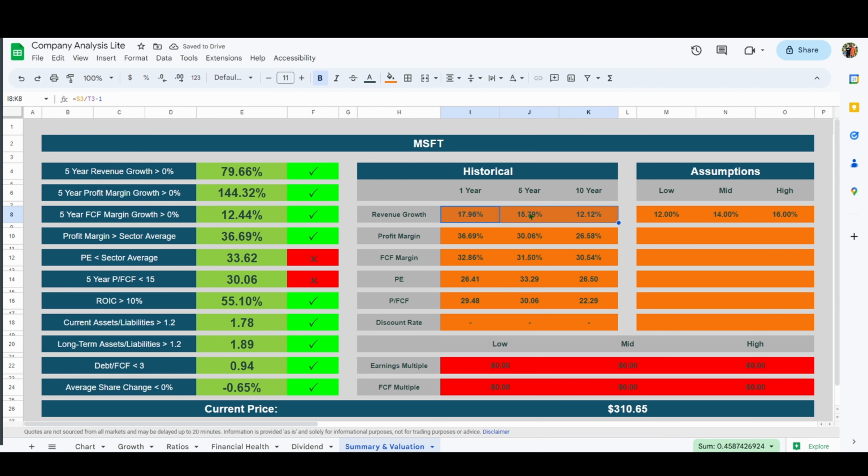That's not very rational because the biggest company in the world, Apple, makes revenue of 400 billion. This is a 10-year estimate, so if they grew, even in the low scenario, 12% per year for the next 10 years, that would mean that they would become like a billion-dollar revenue company, which is absolutely insane.